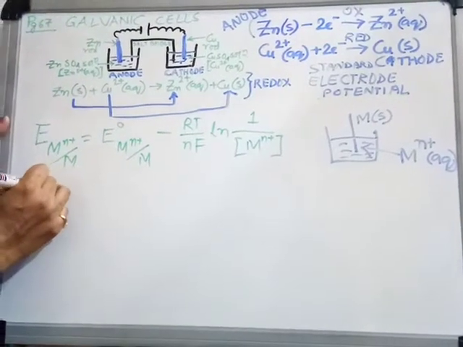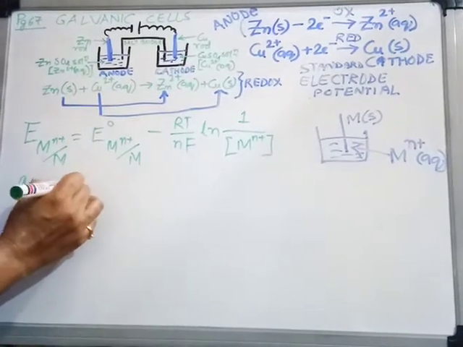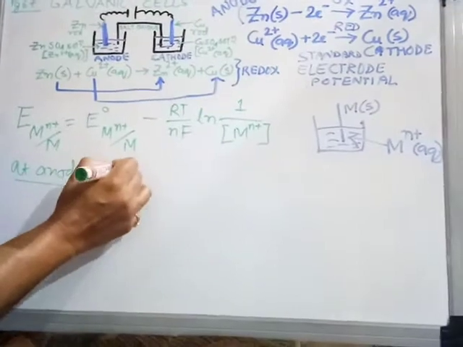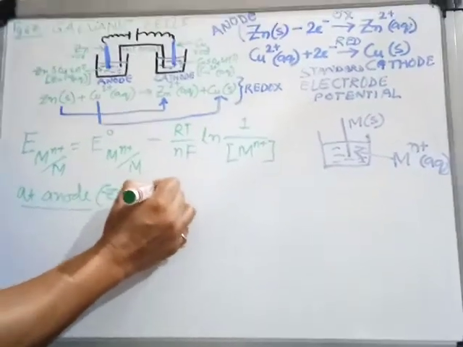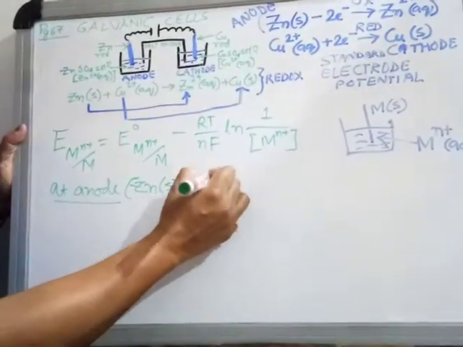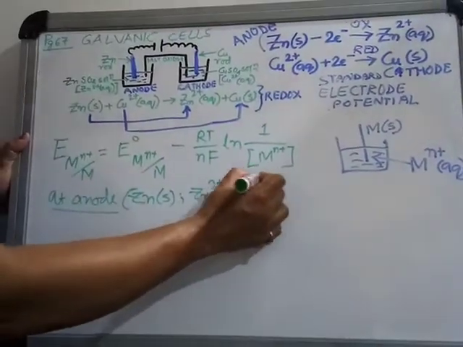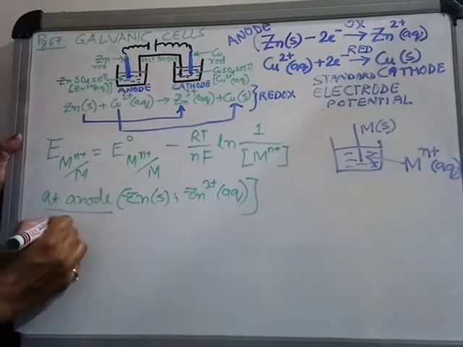So let us see what is happening at the anode. At the anode, what are we having? Zinc solid in touch with Zn2+ aqueous. So how will we write this?